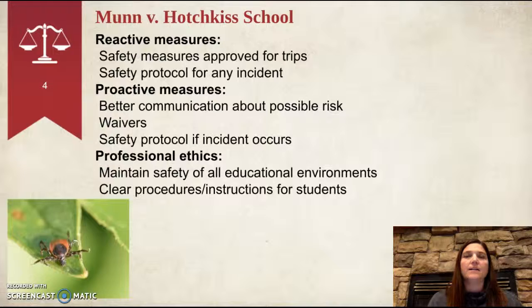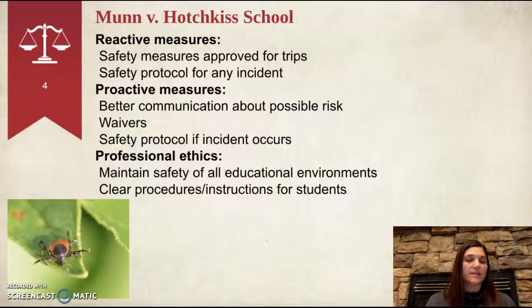The second case that I studied for this module was Munn versus Hotchkiss School, wherein a group of students took a trip to China, and while there, one of the students on the summer trip was bitten by a tick as they were hiking, and then in turn got encephalitis, which caused severe neurological damage and left the student unable to speak.